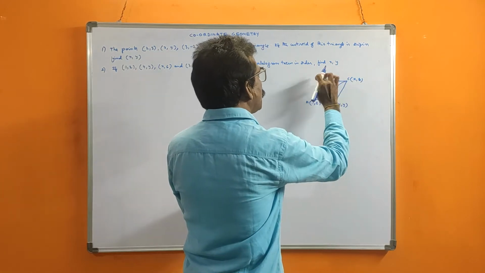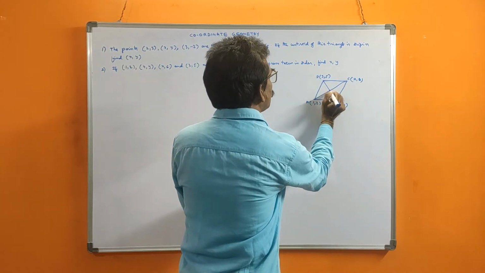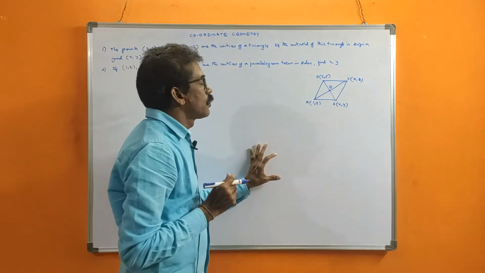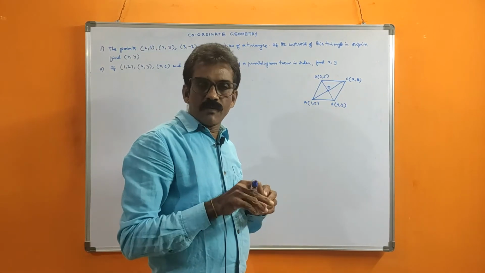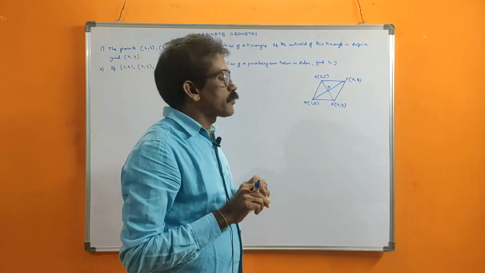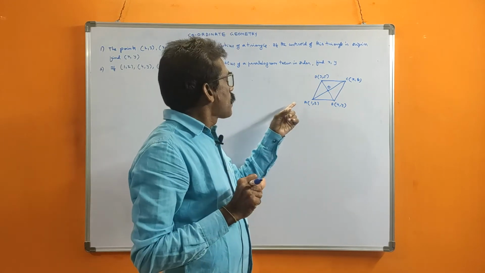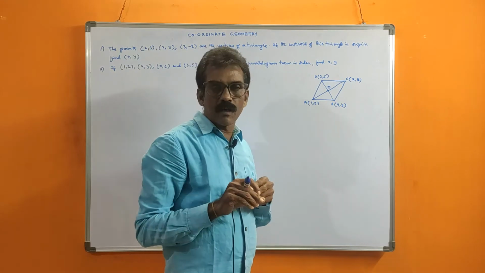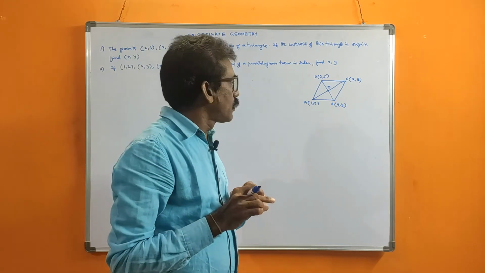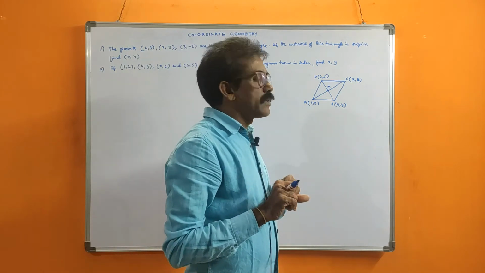Diagonals AC and BD, these two diagonals intersect at O. Now, what is the property? In a previous class, I explained one problem like this. What is the property of a parallelogram? Opposite sides are equal, that is a property. Diagonals are not equal, that is also a property.